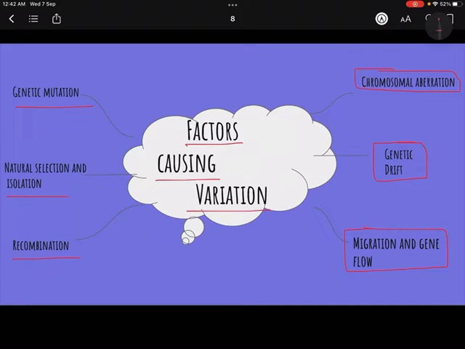So what is genetic mutation? By now we have understood that genes are the information that is encoded in the DNA of a person. So this is like the father and this is like the mother, and their genes get transferred to their child.